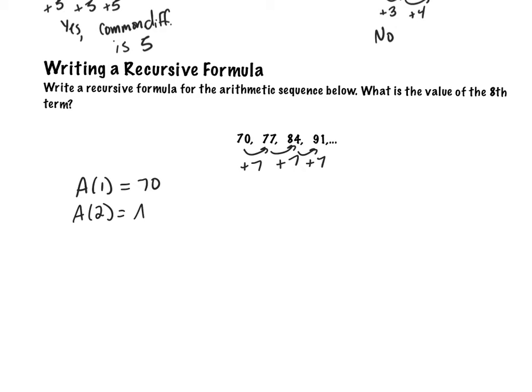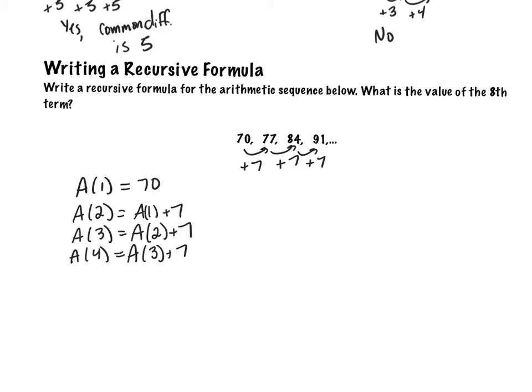Well, I took A1 and added 7 to it. Same thing for the third term: A3 is the second term plus 7. And if I look at the fourth term, I know I took the third term and added 7 to it.